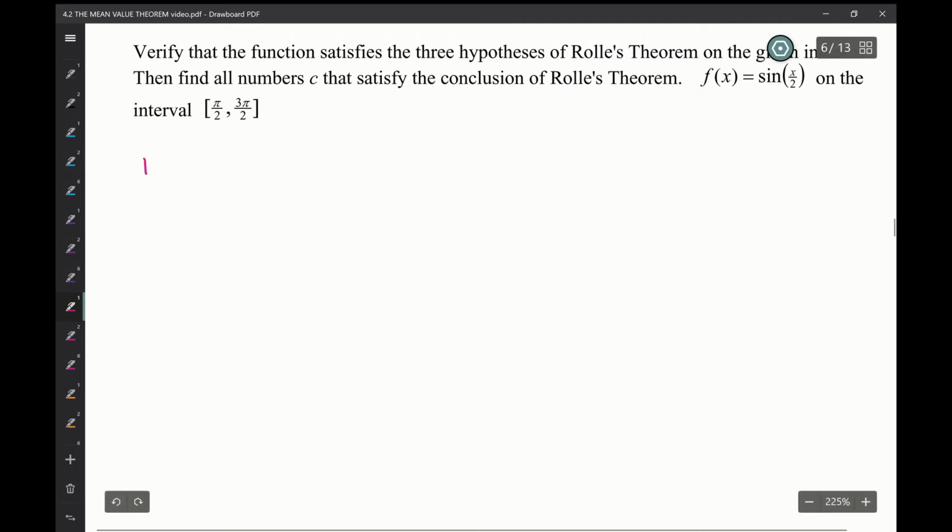So first we have to make sure that f of x is continuous on the interval pi over 2 to 3 pi over 2. Not sure why I wrote 3.